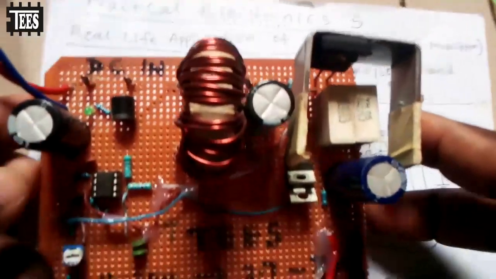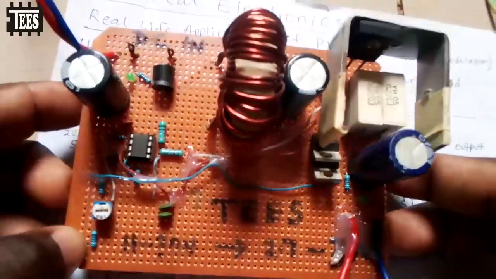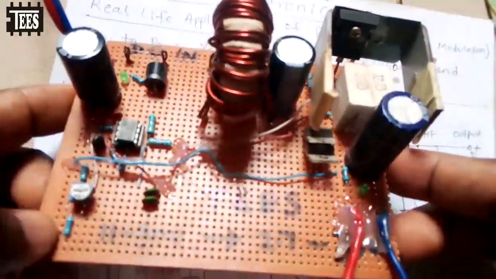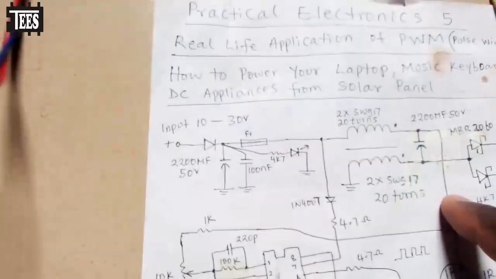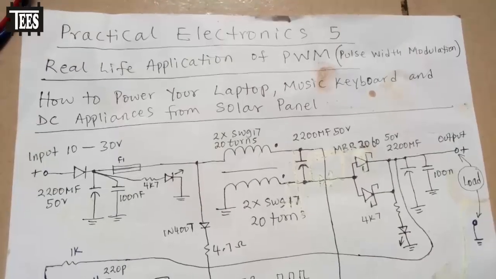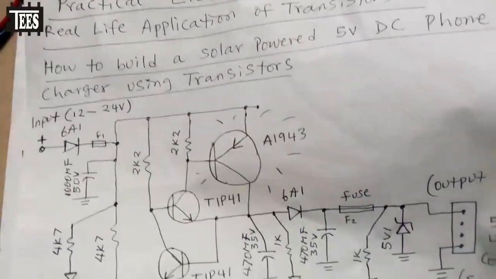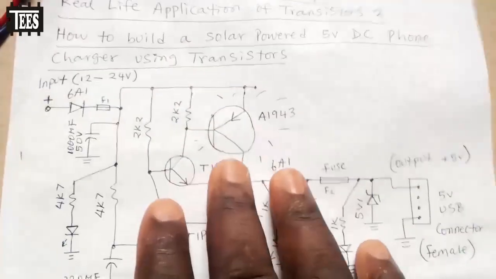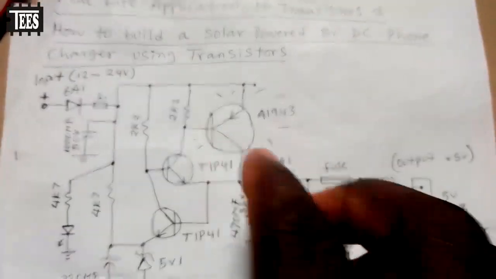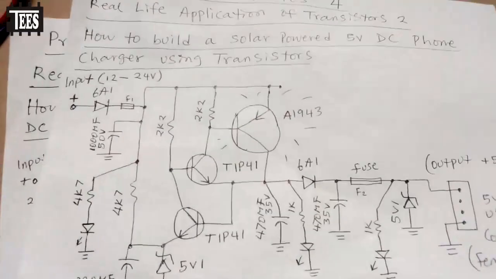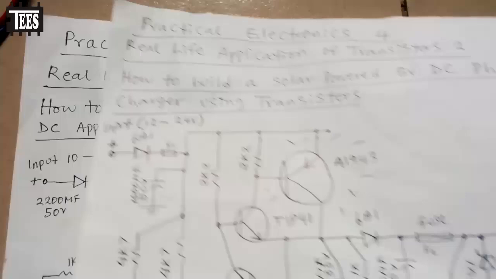So what you are seeing here is a buck boost converter. If you remember our previous practical, I showed you the circuit board that I constructed, which we were able to also charge our phone from the solar panel.